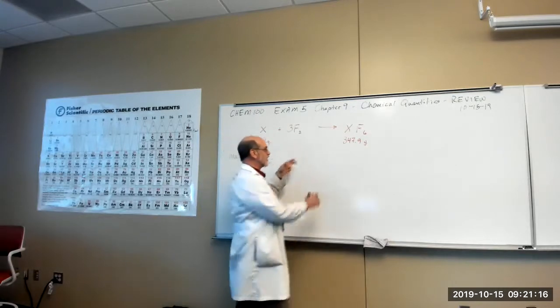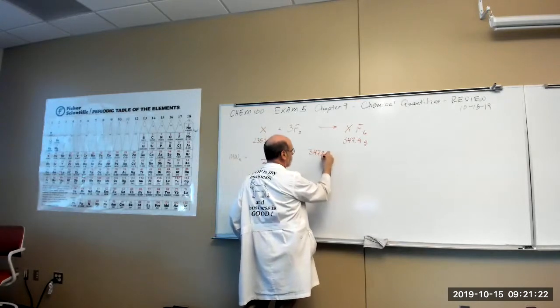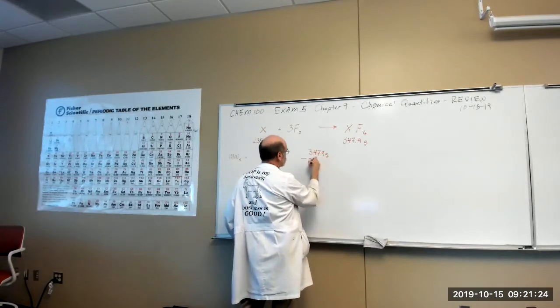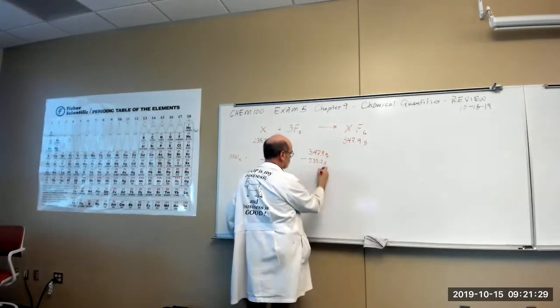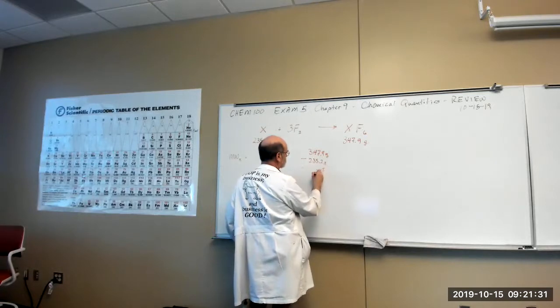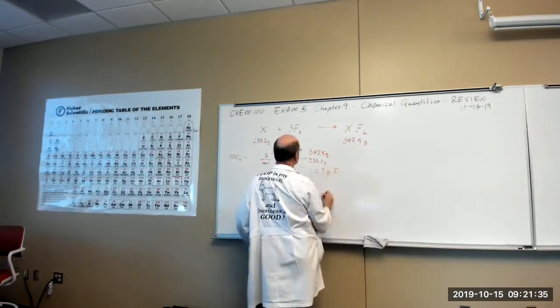Right? So we just need to say 347.9 grams minus 235.2 grams is equal to 112.7 grams of fluorine.